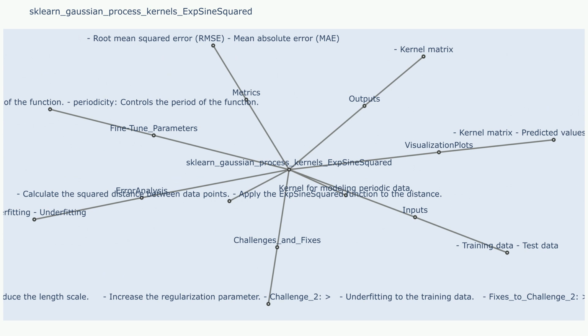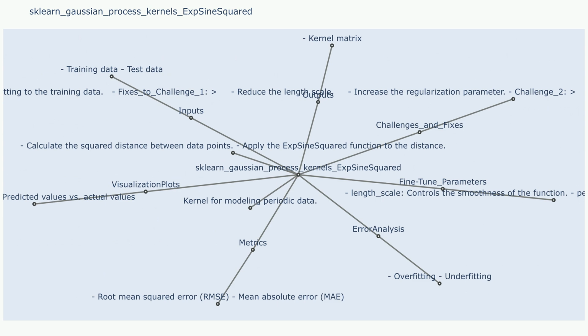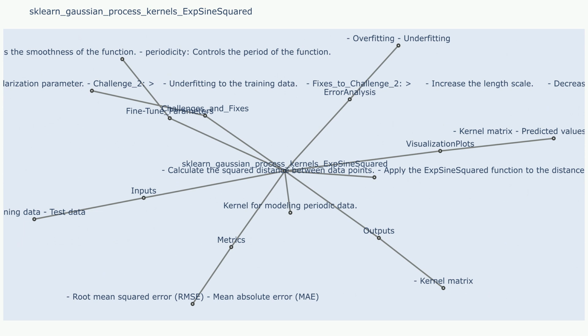Calculate the sine of 2 pi times the difference between the input points divided by the period, sin(2 * pi * (x1 - x2) / period). Square the sine value. Multiply the exponential value and the squared sine value to obtain the kernel value.